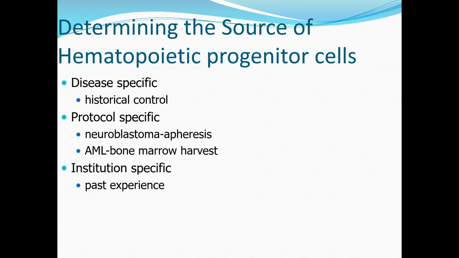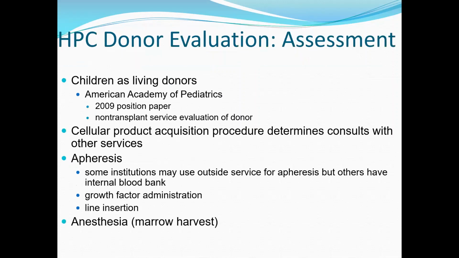Then HPC donor evaluation and assessment: we will assess the donor for the procedure of collection. In apheresis, growth factor administration is needed, with line insertion, and for bone marrow harvest the patient should be under anesthesia.